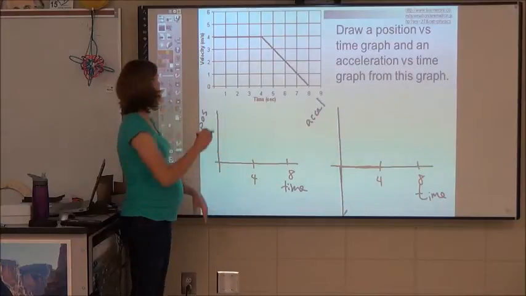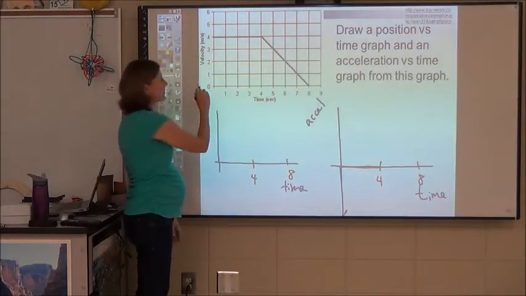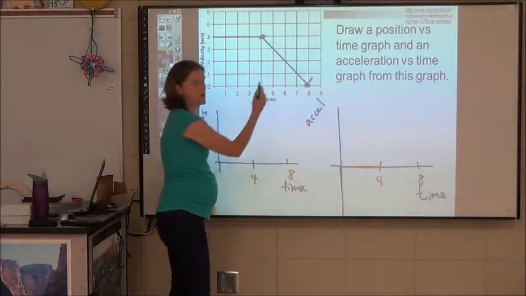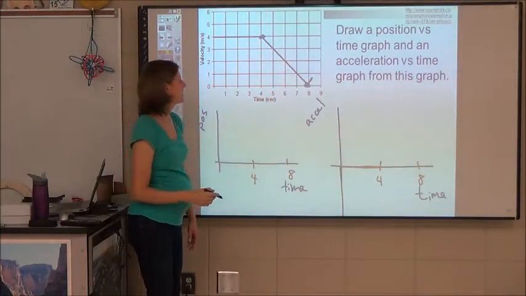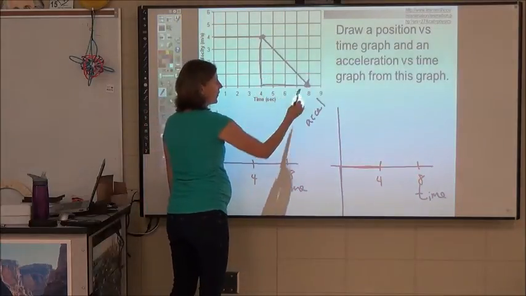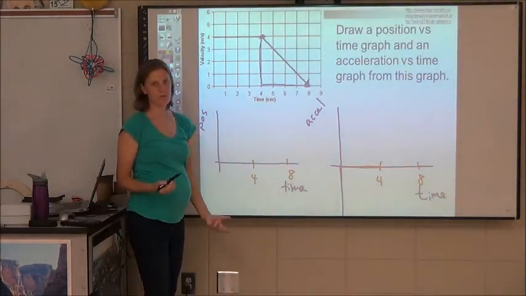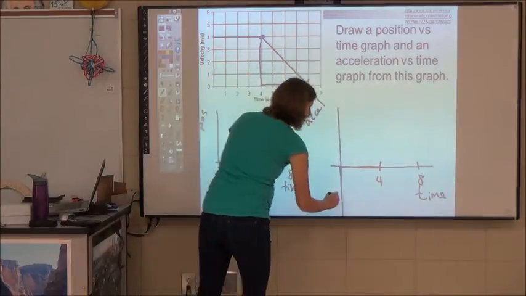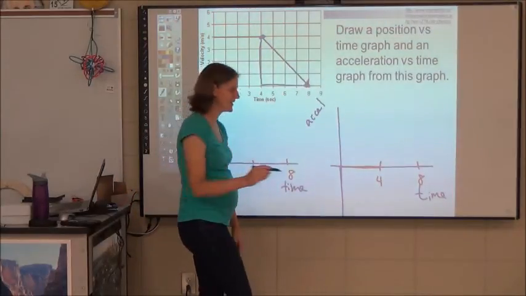To finish my acceleration graph, though, I need to know slope. So the slope of that last little line segment, I go down 4 over 4. Down 4 over 4. So that's negative 4. I mean negative 1.